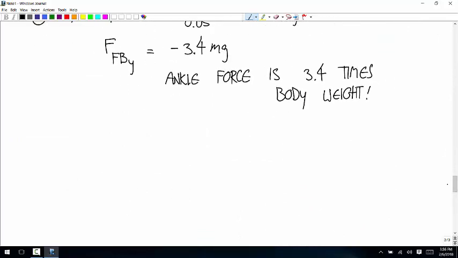So if you use this kind of approach to do calculations involving bridges, you treat it like there's a pin joint here and a pin joint here and a pin joint here.